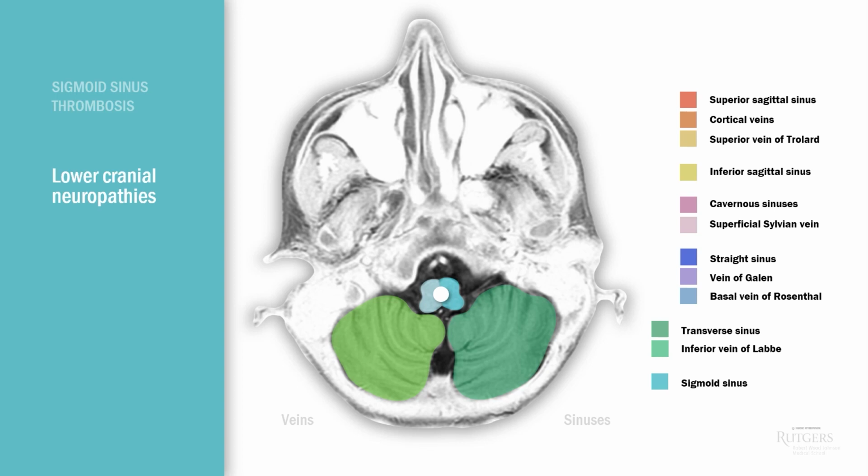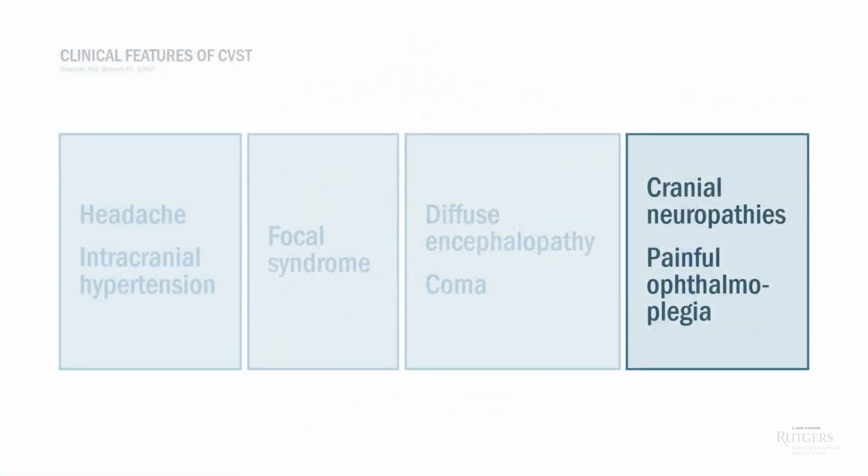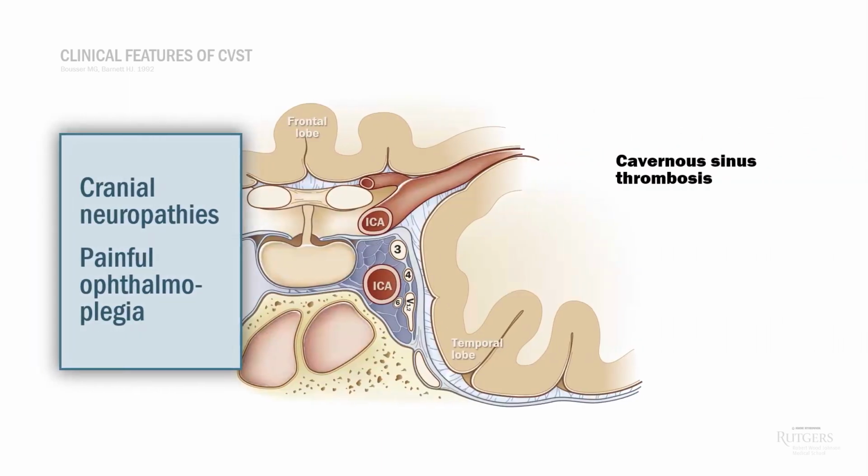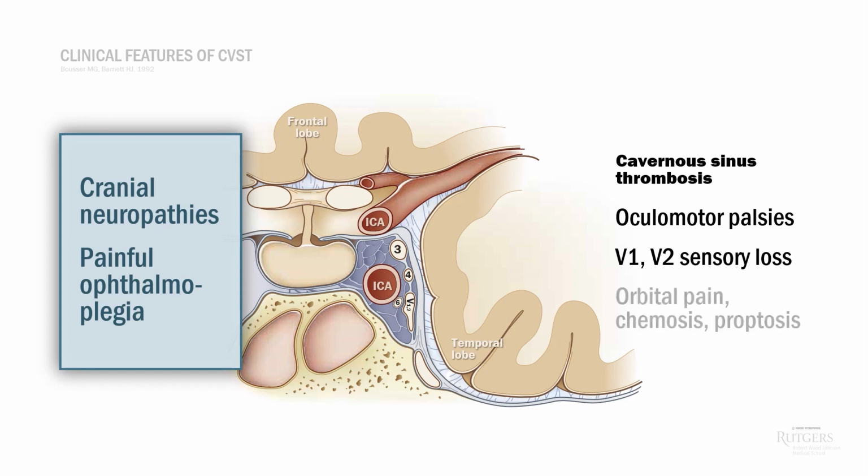Oh, and speaking of cranial neuropathies, the other entity that can cause multiple cranial neuropathies, specifically the nerves responsible for eye control, is cavernous sinus thrombosis. You'll see oculomotor palsies, V1, V2 distribution sensory loss, and orbital pain, chemosis, and proptosis.